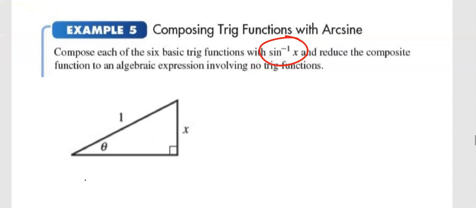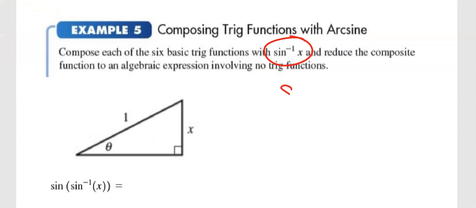What I mean by that is this. Most of you don't realize that what they are really talking about is sine inverse of x over 1. You know that anything can be divided by 1, correct? So look at how they built the triangle. Why do you think they labeled the right side x and the hypotenuse 1?